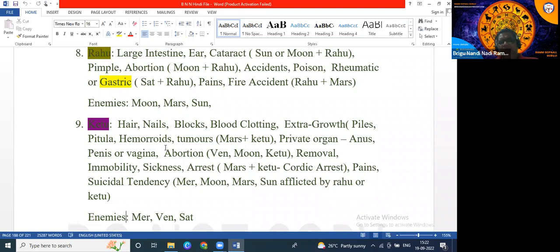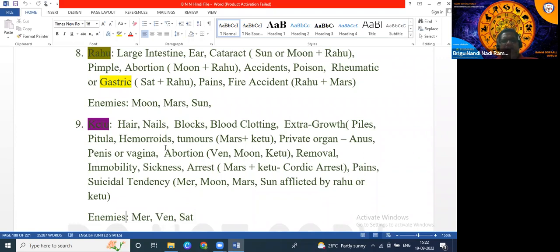So when we are talking about suicidal tendency, if Mercury, Moon, Mars, Sun are afflicted by Rahu, Ketu, the native will commit suicide. So let's check one or two horoscopes so that you will understand. So suicide is actually Mercury, Moon, Mars, Sun. And if Ketu is conjoined with Mercury, Venus, Saturn, then the native will have these health problems.